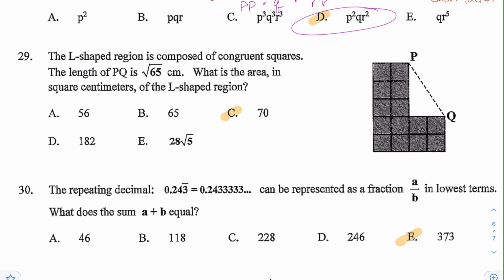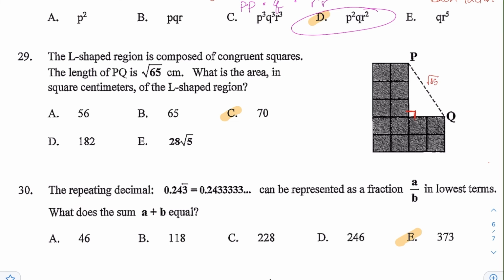Next, for 29, the L-shaped region is composed of congruent squares. The length of PQ is the square root of 65. What is the area in square centimeters of the L-shaped region? So here we don't know. For this question, you know that this is a right triangle, and in this right triangle the hypotenuse is the square root of 65.